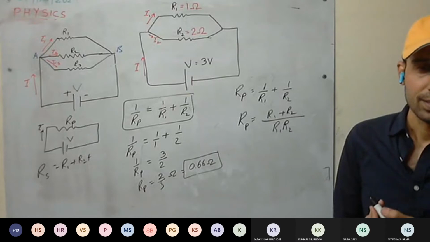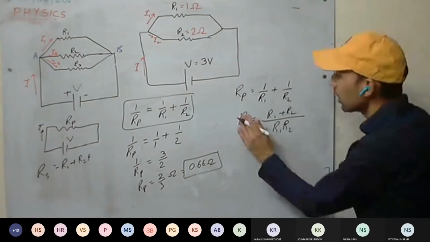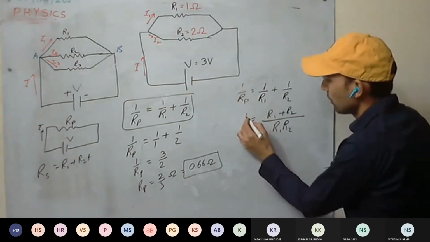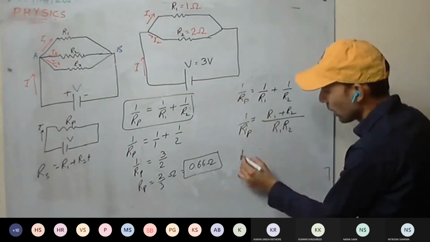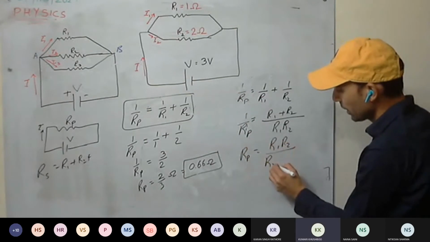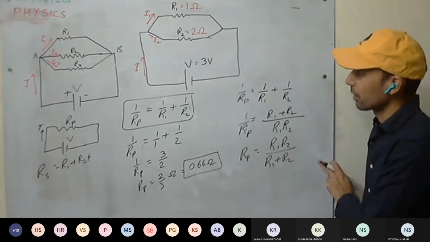We have studied that. 1 plus 2 is same as 2 plus 1. This is clear? One minute. Oh, I made one mistake. 1 upon Rp. Now Rp will be R1 R2 divided by R1 plus R2. We have taken the reciprocal, okay?